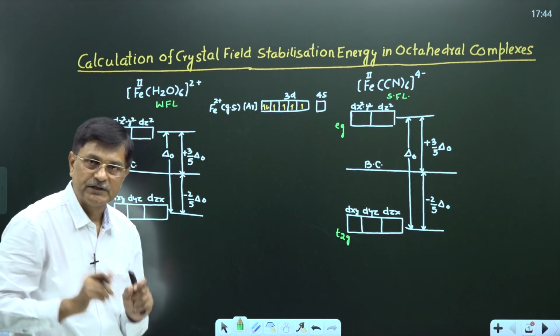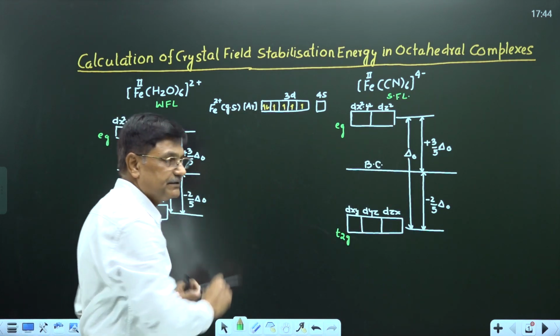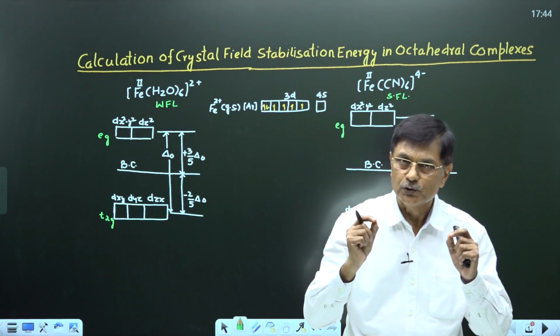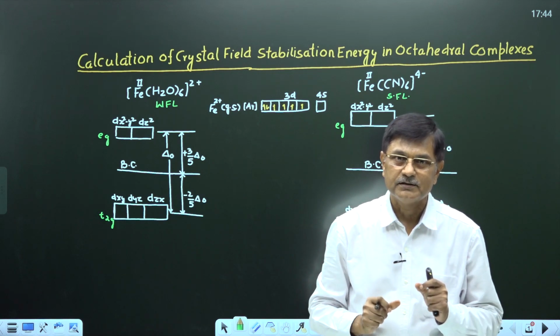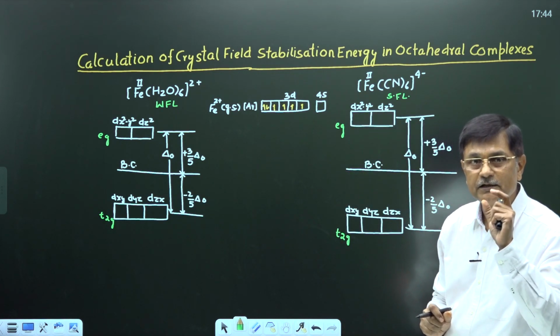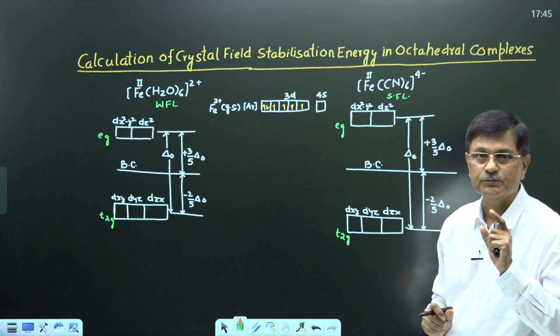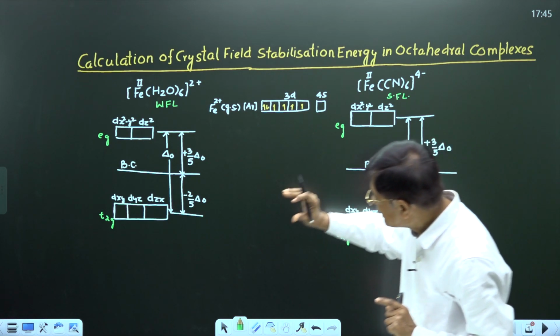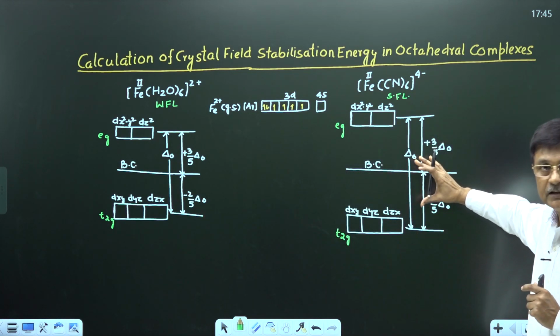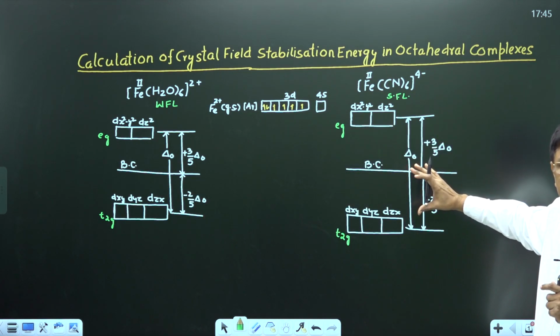So it is very obvious in both cases, d orbitals of iron 2+ will split, but the magnitude of delta O, the crystal field splitting parameter, is less for WFL while it is higher for SFL, that is, strong field ligand.